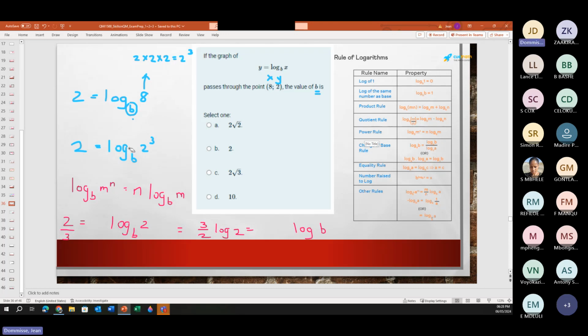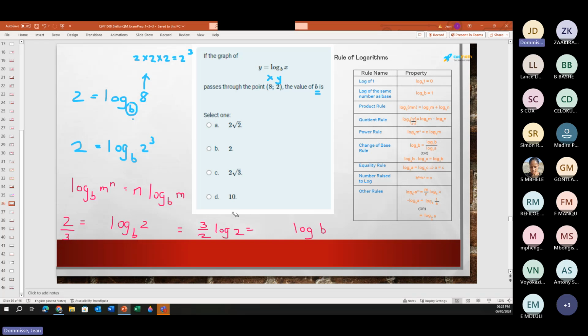Okay, so X is 8, Y is 2. So that was done correctly. It is 2 to the power of 3. Okay, so that we can write in the front. So 3 log B to the power of 2. So it is 2 over 3 log B 2.